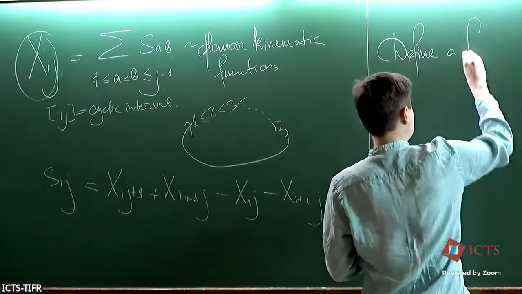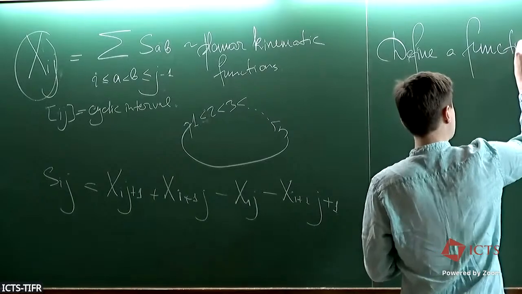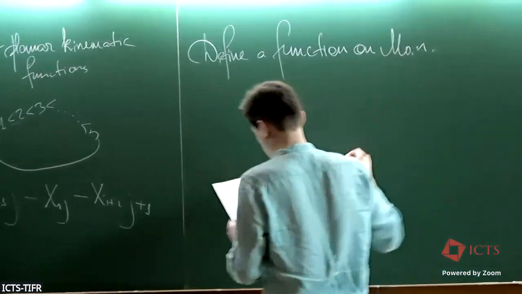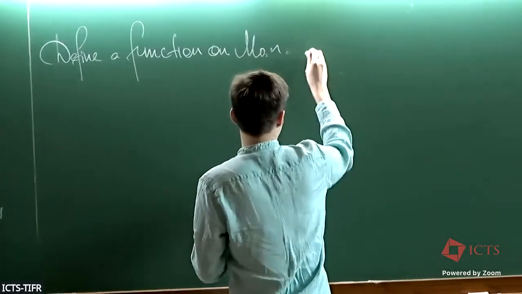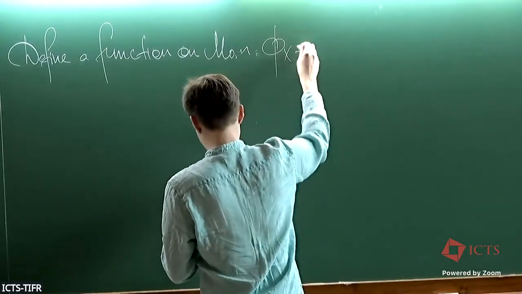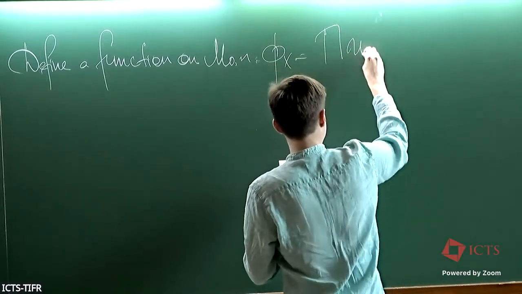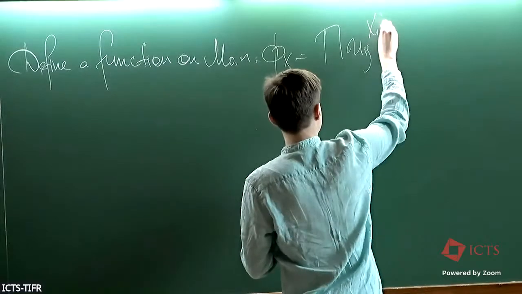And now we will use these functions and the u functions to construct a function on M_{0,n}. We define a function on the moduli space M_{0,n}, and this function is defined by the identity. The function is called phi of x, and this is the product of u_ij to the power x_ij.